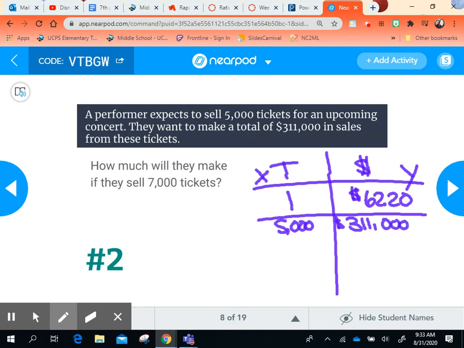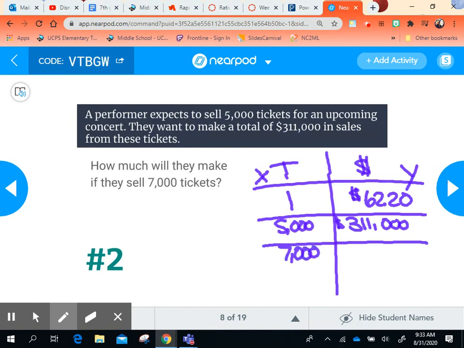No cents. So this is all the same directions. It says, how much will they make if they sell 7,000 tickets? So 7,000 tickets goes in the X column or in the Y column? X column. So I'm going to go ahead and put it here.